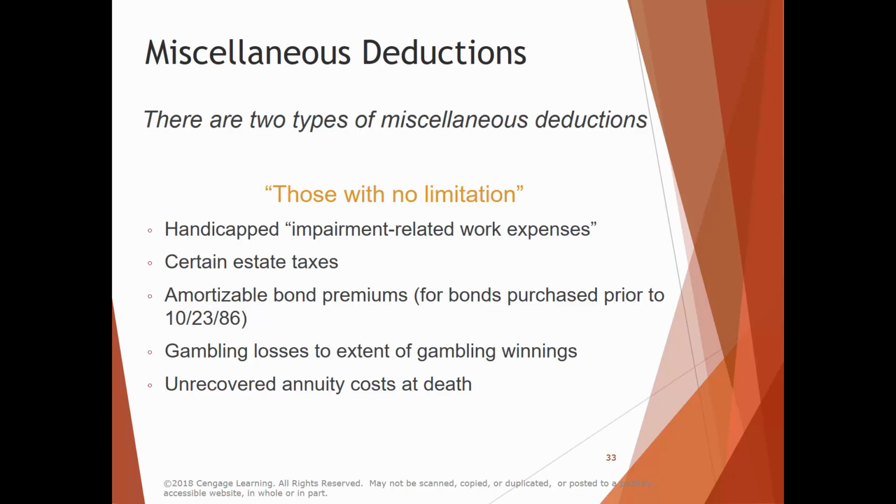Okay, and then that last little section, going down Schedule A, is called miscellaneous deductions, and there are two little sections down there. Miscellaneous deductions that you have to phase out, 2% of AGI, and then miscellaneous deductions that you don't have to phase out. What was the other deduction that we had to phase out that we studied?